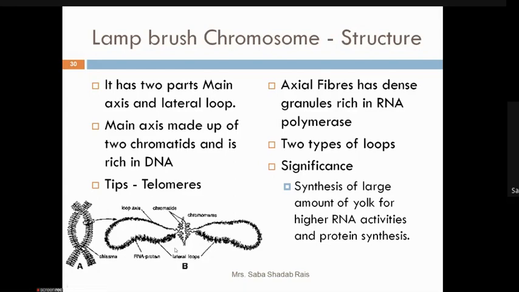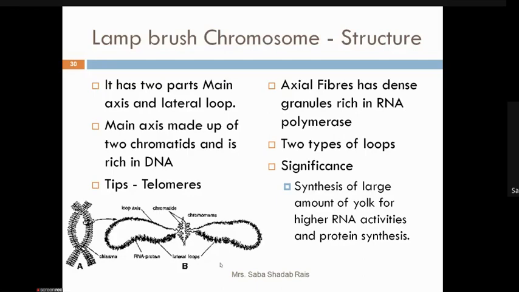The main axis has the main role, that means it contains the two chromatids which are rich in DNA. But if you see the tips, these tips do not have the axis or lateral loops. Why? Because these tips are just like the telomere region.